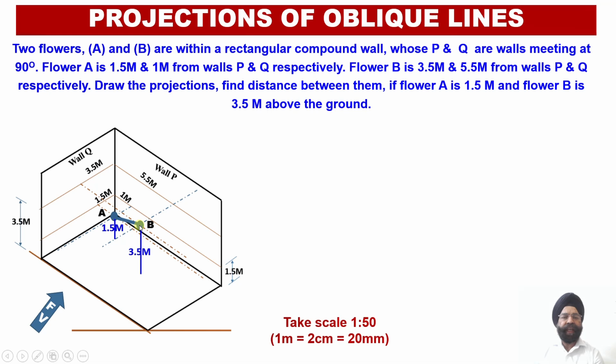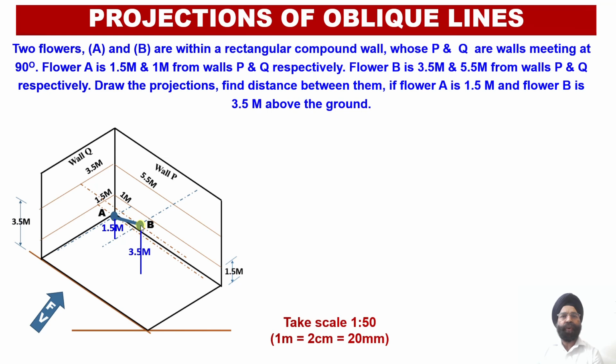Using this real life data, we are required to convert this real life problem into orthographic projections of the oblique lines, and we are going to evaluate the front view and top view projections of these two objects or points located in space.